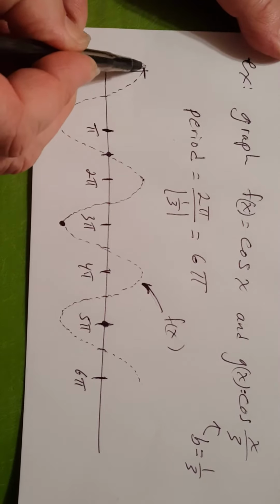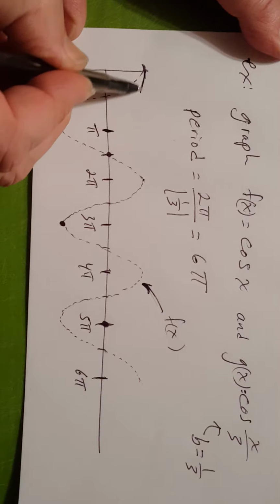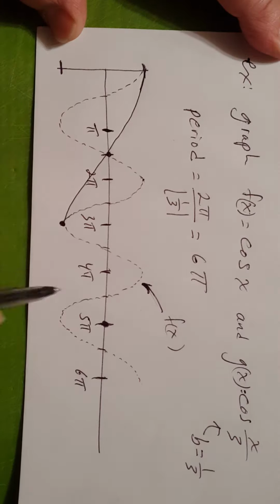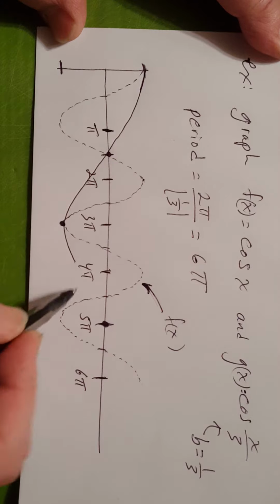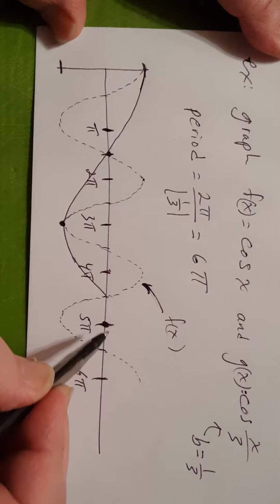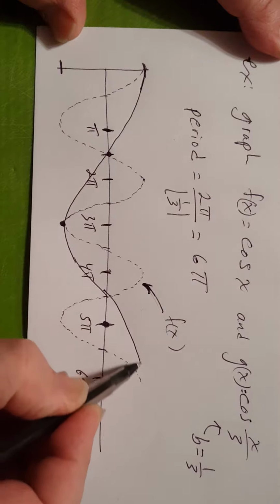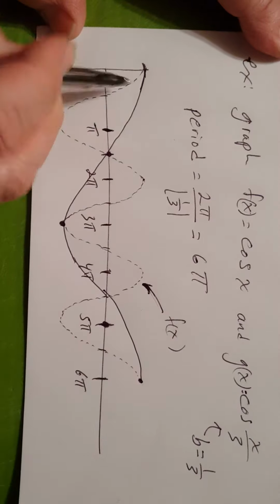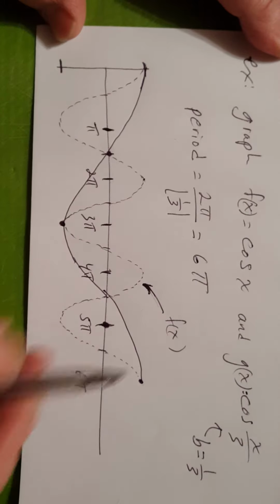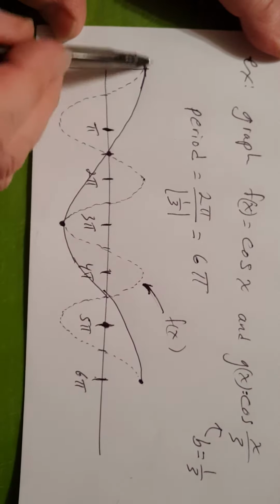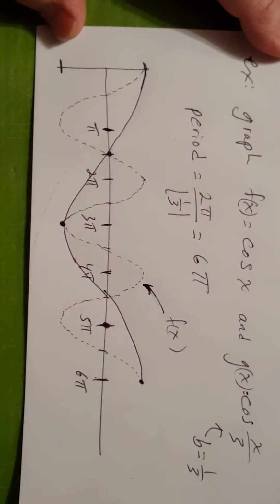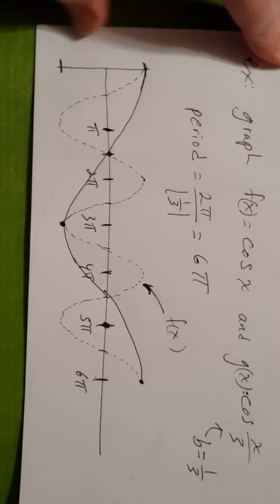I would start here, go through here, come down here, turn, go up, and from here to here is when it starts repeating. From here to here is 6 pi, because the period is 6 pi. So it's got to start repeating after 6 pi, which is a really stretched out graph.